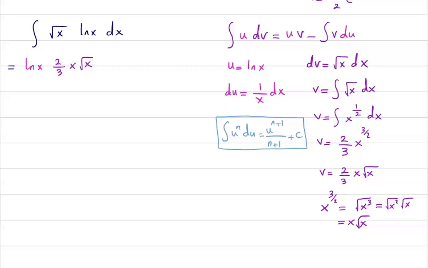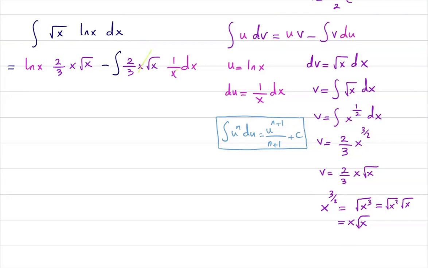So minus the integral of v du. Again, our v is 2/3 x times square root of x, and then du is equal to 1 over x dx. So we can get rid of our x here. It makes our calculations easier.